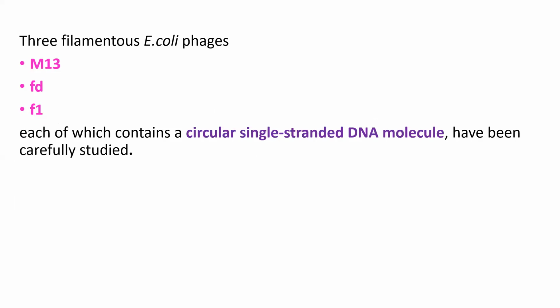Each of these filamentous bacteriophages contains a circular single-stranded DNA molecule, and they have been carefully studied. Like the phi X174 bacteriophage, which we have seen in the previous lecture, these bacteriophages also contain single-stranded DNA as the genetic material, and it is circular.